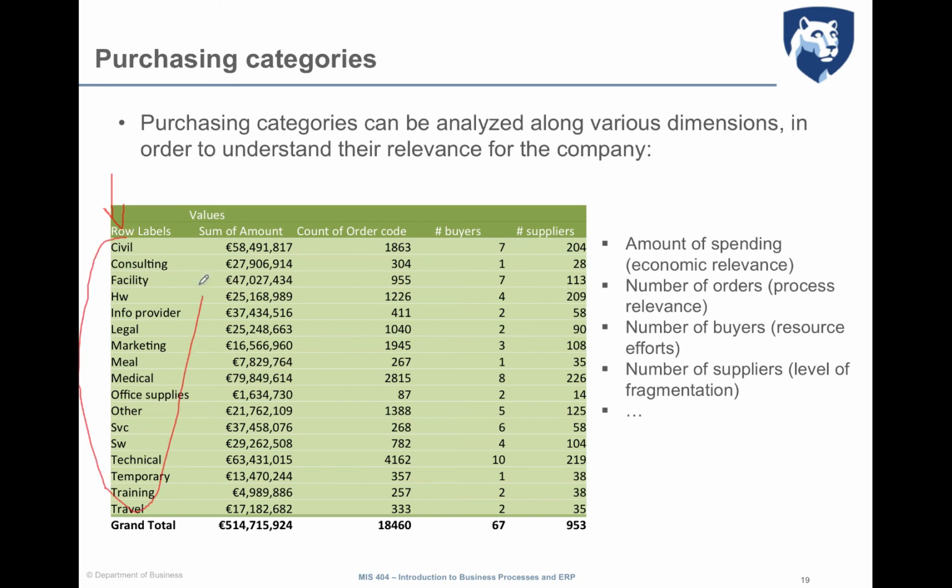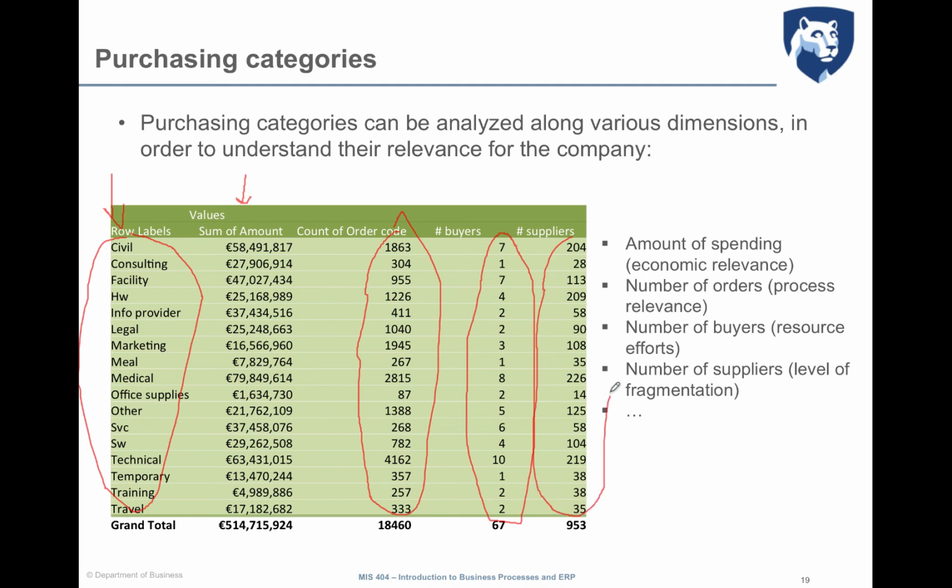And as you can see here, of course, from SAP ERP, for example, you can extract the orders or the invoices made in just 1 year or multiple years, and you can understand how much you spend for each category, how many orders you have put for each category, how many buyers, so people in the procurement department, have been dedicated to manage this type of category, and how many suppliers have been activated for each category.